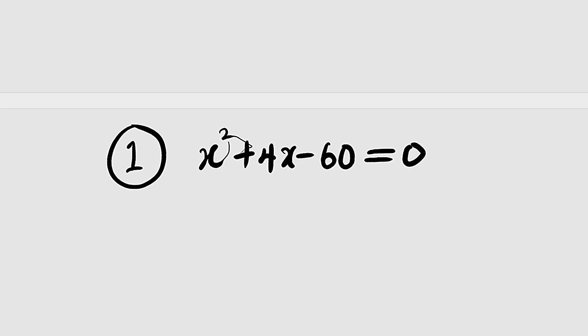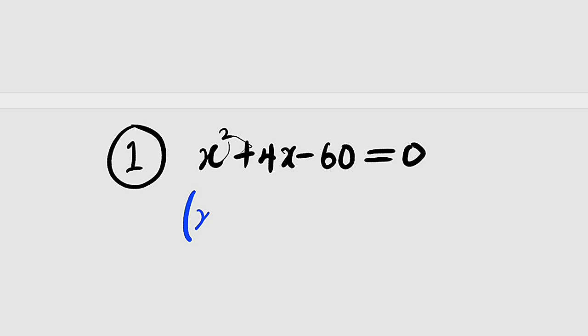So here is the first condition, x squared plus 4x minus 60 equal to 0. We are going to find the values of x in this equation, and all the values will satisfy our equation. So how can we factorize it? We are going to think of two numbers which, when we multiply them together, we get negative 60, and when we add them together, we get positive 4. And the numbers are positive 10 and negative 6.